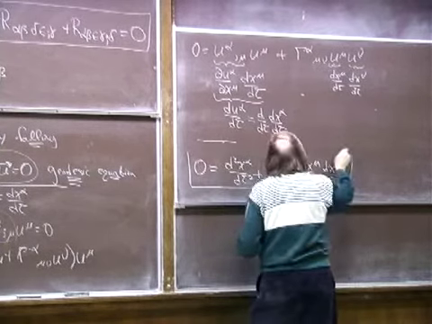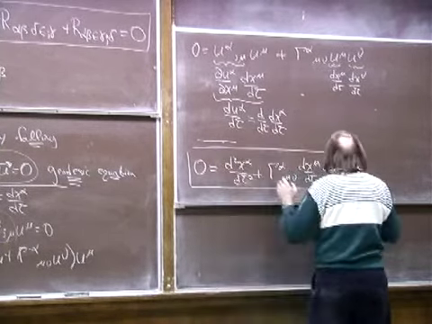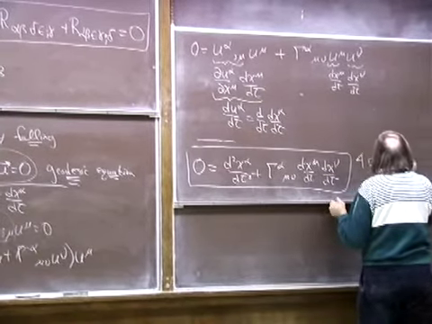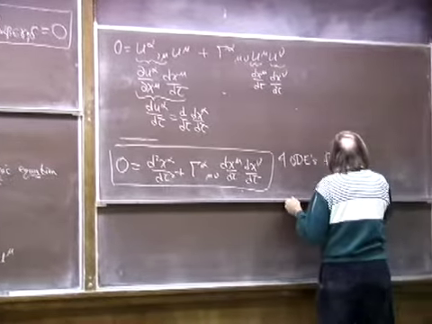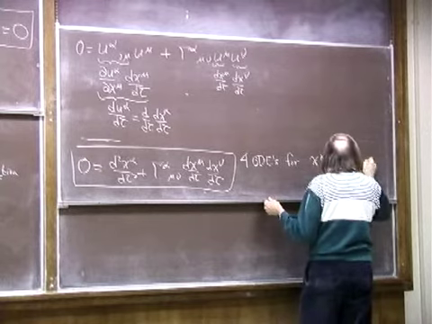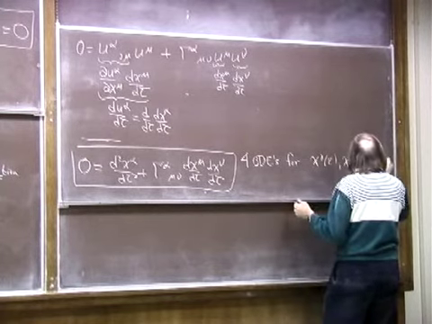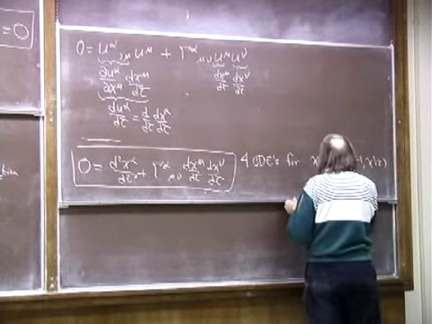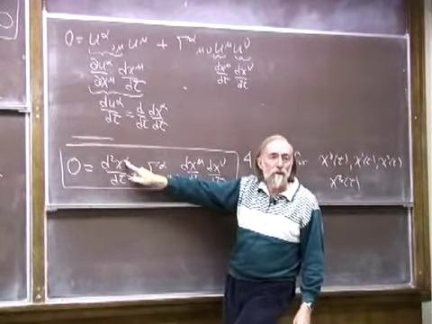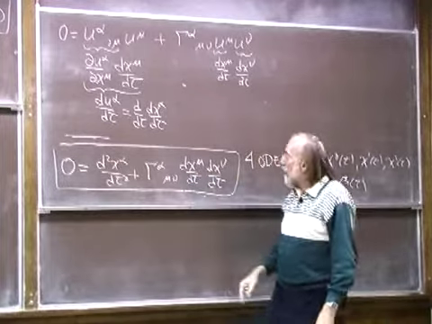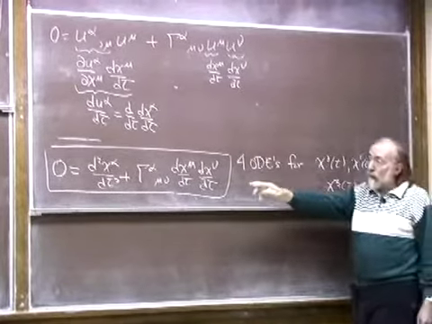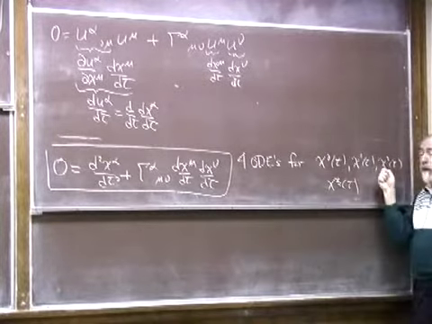And this then is a set of 4 ordinary differential equations for x^0 as a function of τ, x^1 as a function of τ, x^2 as a function of τ, and x^3 as a function of τ. There are 4 equations because there's one free index. Alpha can be 0, 1, 2, 3. So I have 4 ordinary differential equations, coupled because of the connection coefficients, for 4 unknowns.